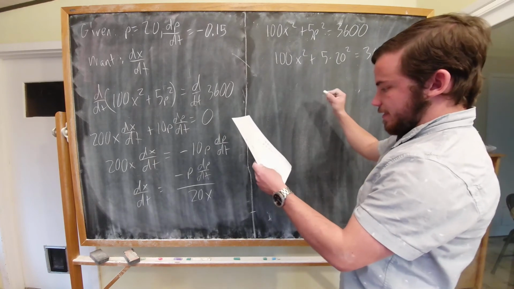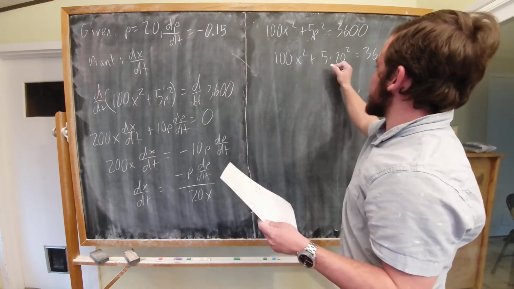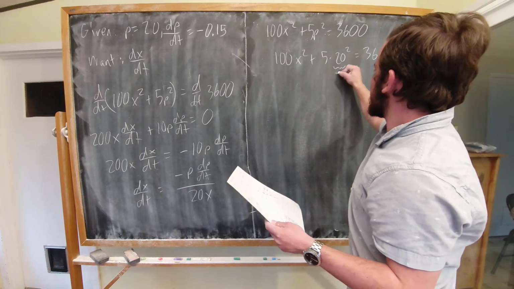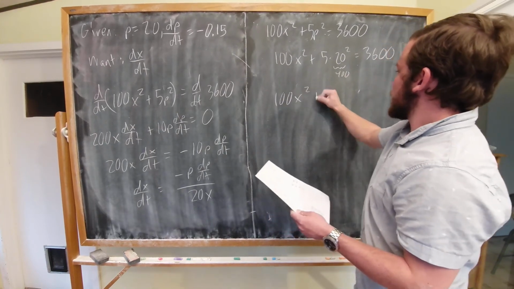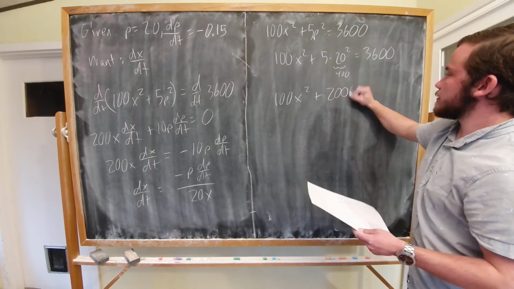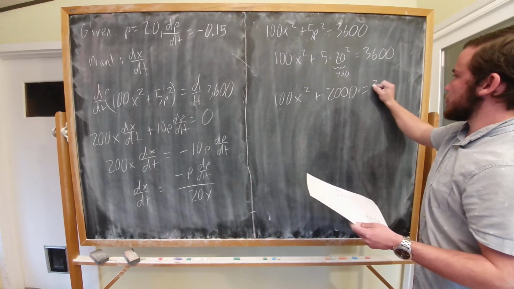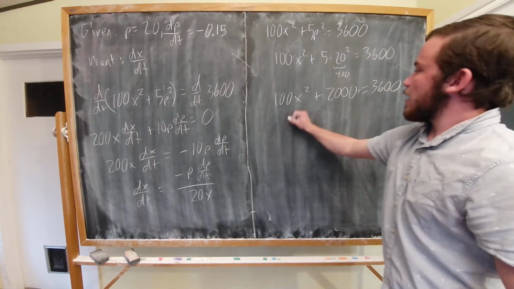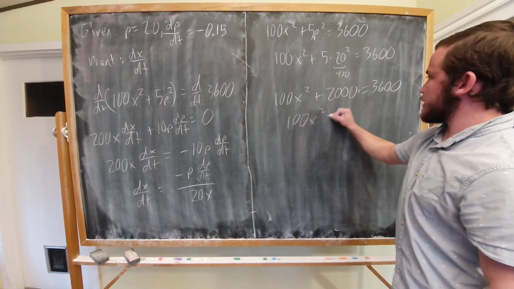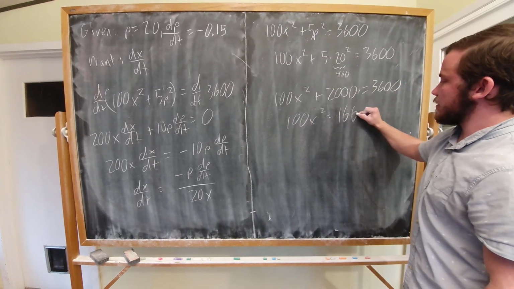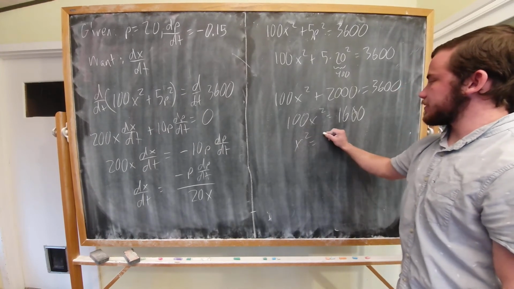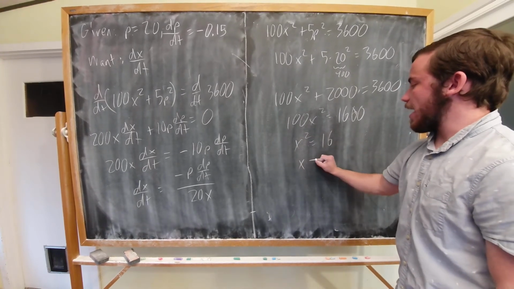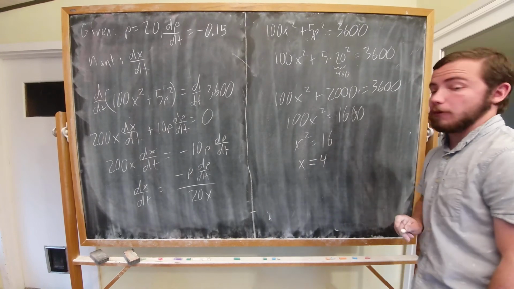That tells us that, let's see, that's 400. So 100x squared plus 2,000 is equal to 3,600. 100x squared is equal to 1,600. x squared is 16. So x is equal to 4.